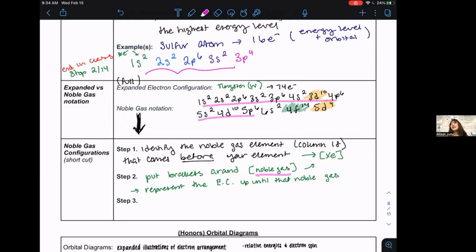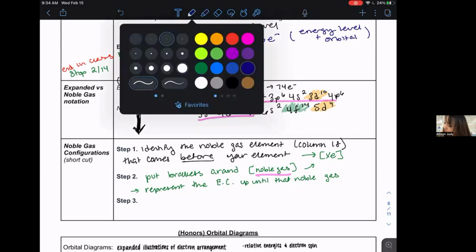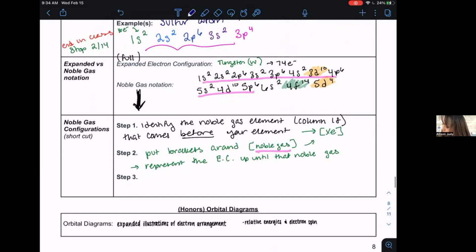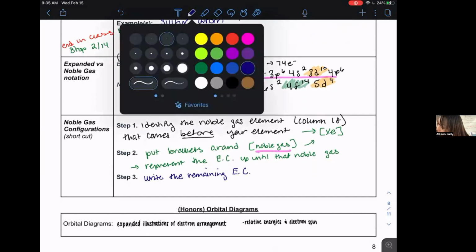So we don't have to write it. And then what you do is you pick up where you left off. Then you write the remaining electron configuration.